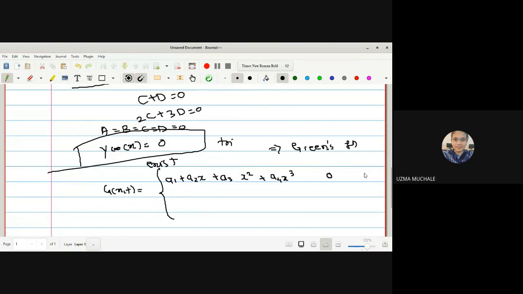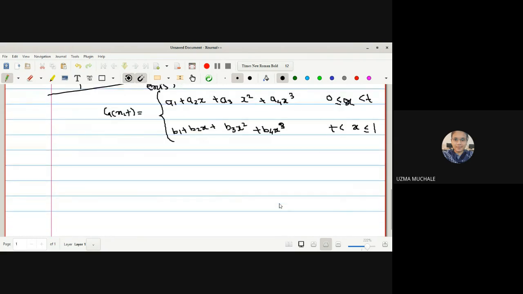The interval 0 to t, t to 1. So we have b1 plus b2x plus b3x square plus b4x cube. Now what are the conditions we have to verify for the Green's function?